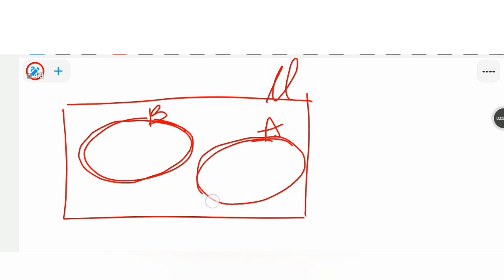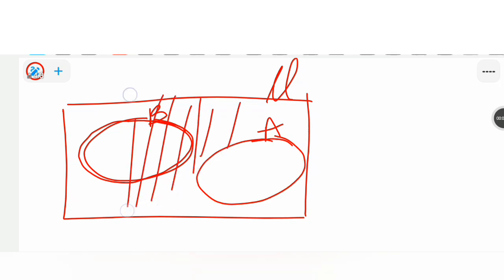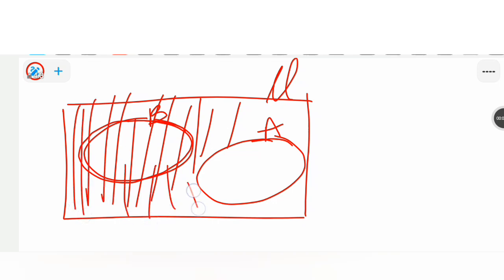This is set A. Everything outside A is A complement, including where B is.